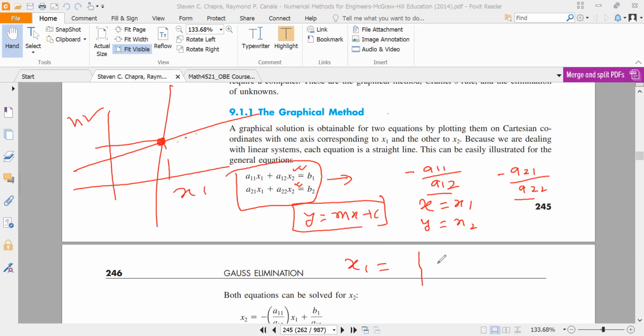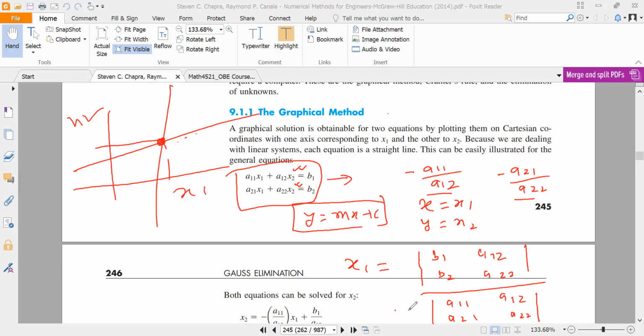Your x1 is equal to the determinant of b1, b2, a12, a22 divided by the determinant of a11, a12, a21, a22, isn't it?